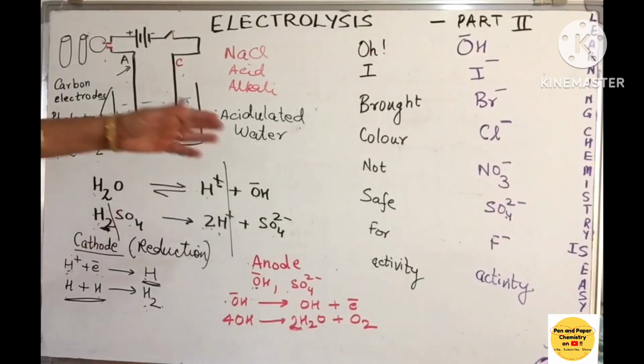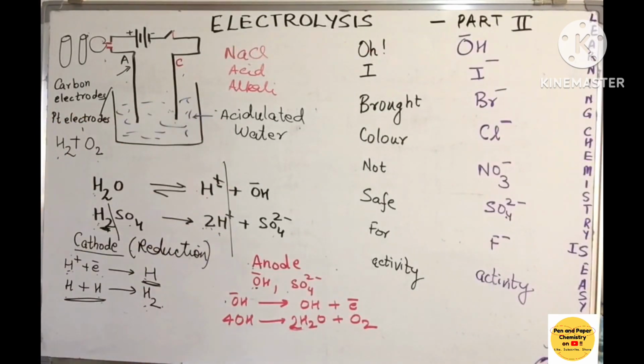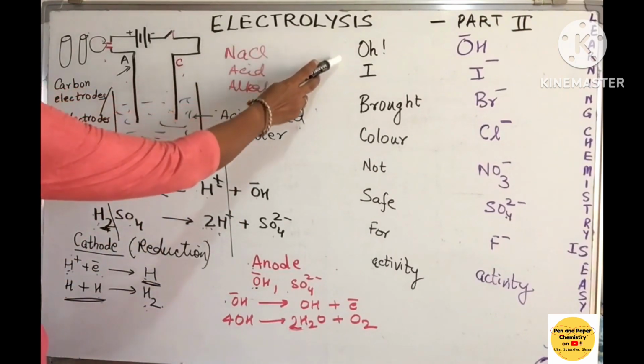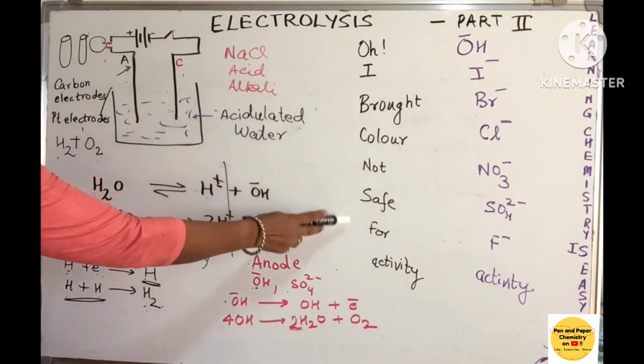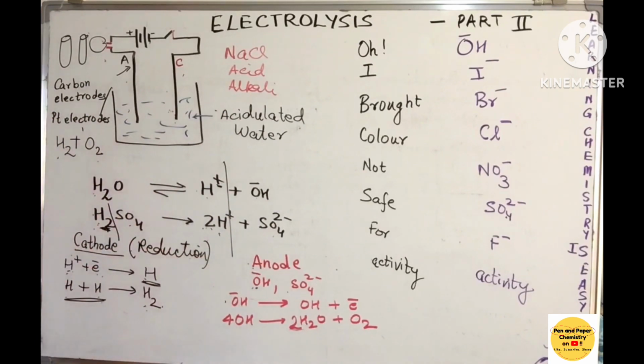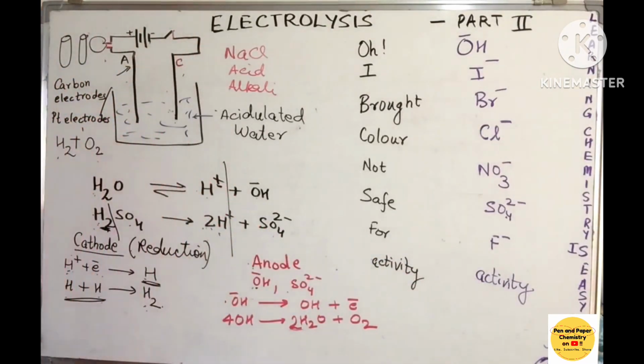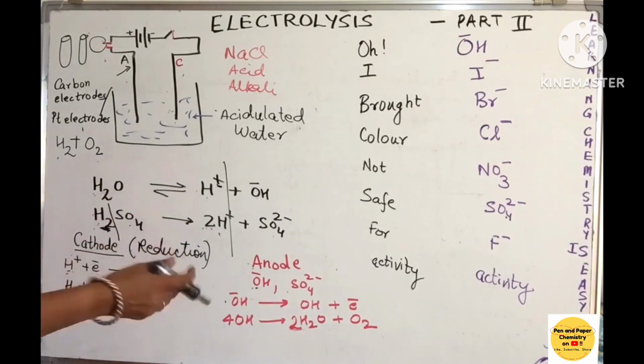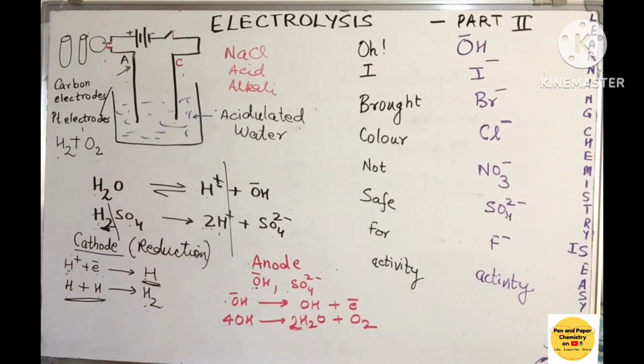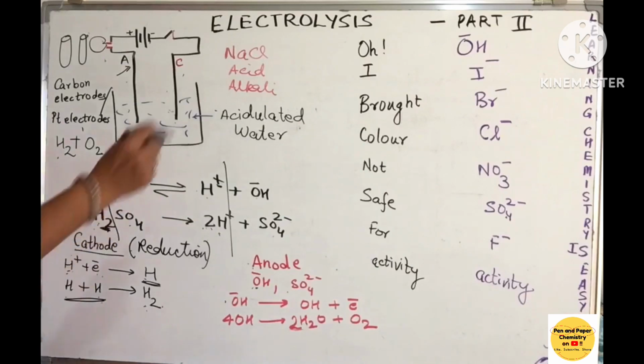Do you notice something? Oh, I've written a sentence. Oh, I brought color, not safe for activity. Why have I written this in electrolysis? I am going to derive the activity series of the important anions, not all of them, the anions which are relevant to our study at present and which will cover most of the electrolysis reactions that you will be doing.